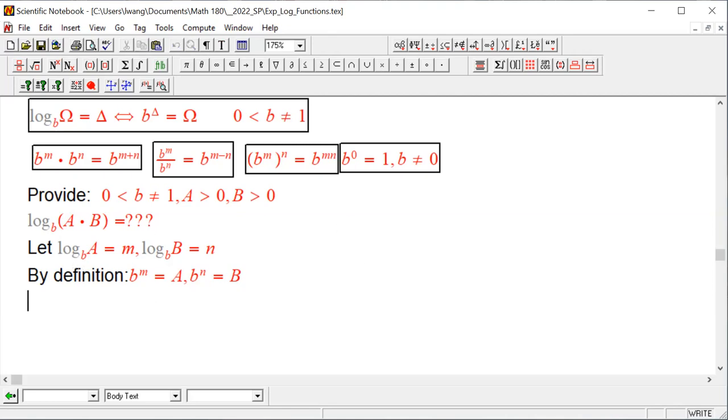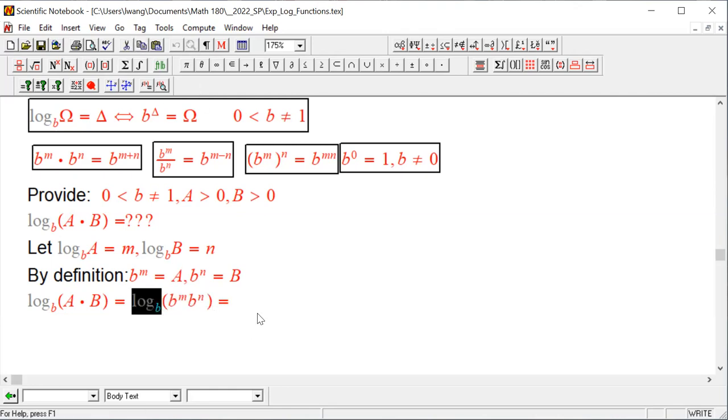So now let's look at this piece. Now we have log base B of capital A times B. A is B to the power M, and B is B to the power of N. And what does B to the power M times B to the power N equal to?